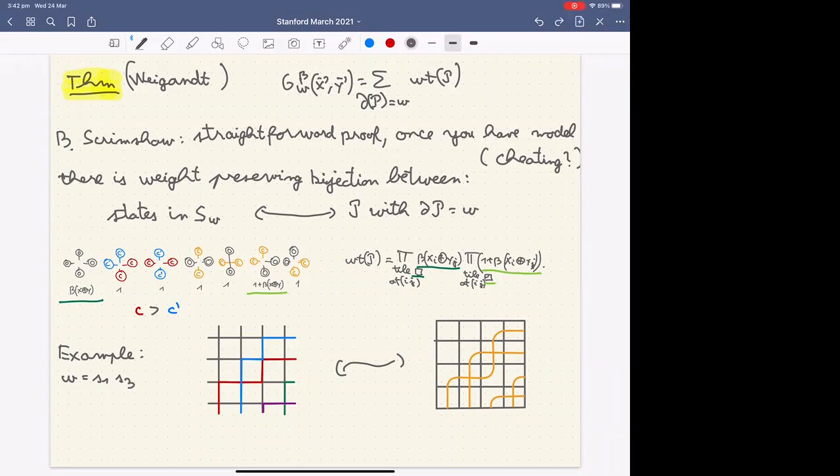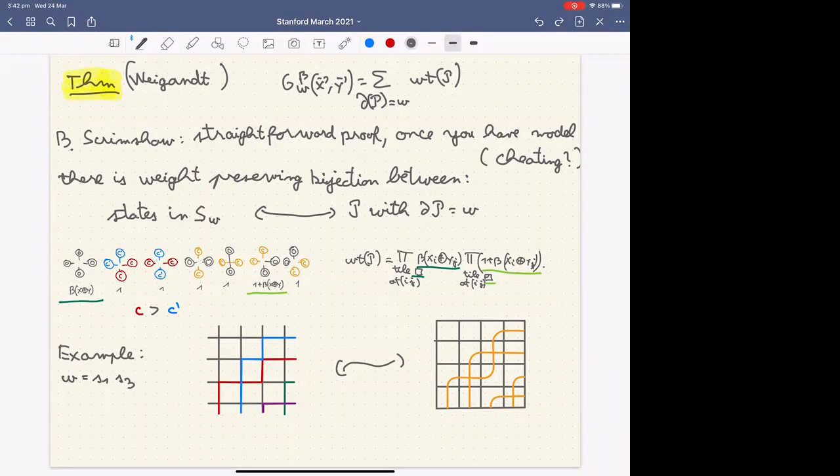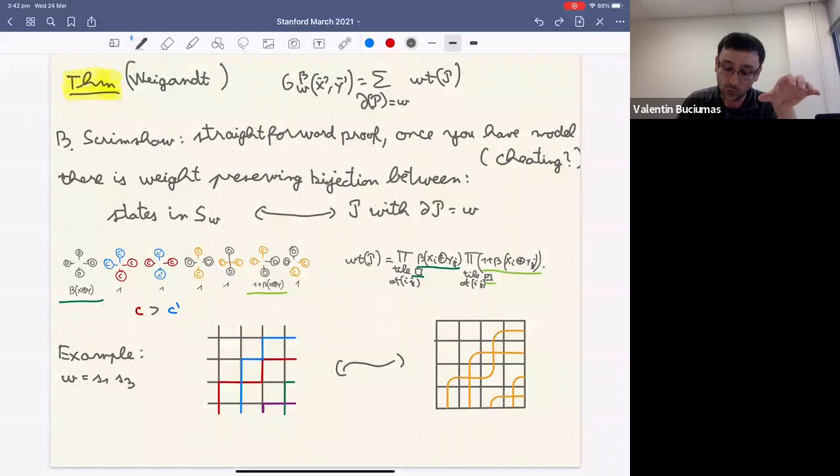So once you have the model, the cheating is, I'll try to explain maybe next slide, or I can maybe do it now. So morally, we know the weights. It was very easy for us to determine the weights, because once you understand Weigandt's theorem, and once you understand the weight of the bumpless pipe dream, it's very easy to move the bumpless pipe dream to a state of the system and figure out the weights.